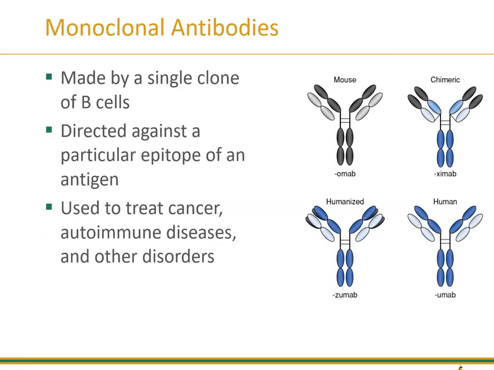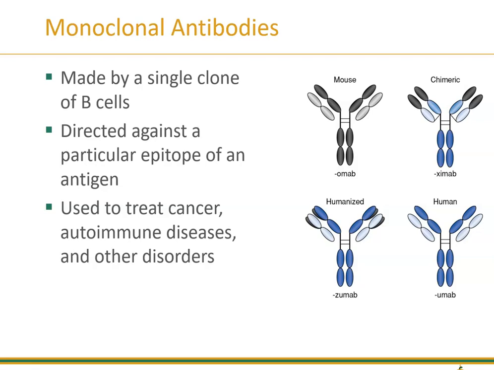So this is monoclonal antibodies. Remember, they are made from a single clone of a B cell, not multiple clones, hence the monoclonal. If it was multiple clones, then it would be polyclonal. They're directed against a particular epitope of an antigen, and we use those to treat all kinds of things. If you look in your book on page 513, table 25-2, you will see a whole list used to treat cancers and all kinds of autoimmune diseases.